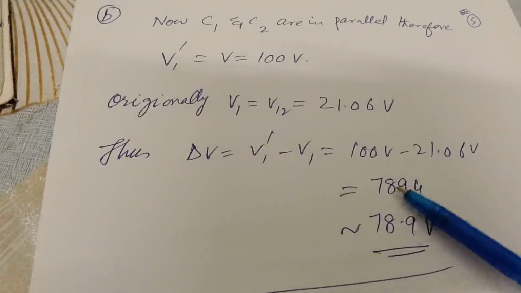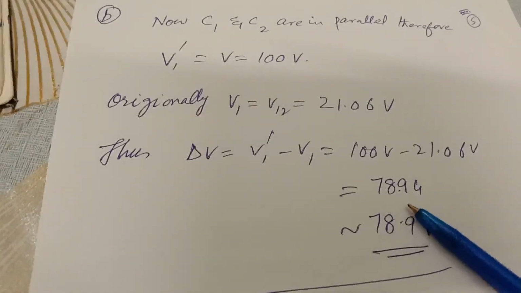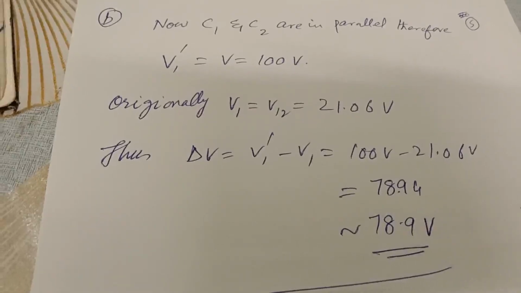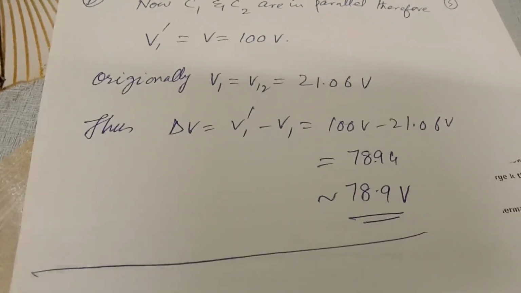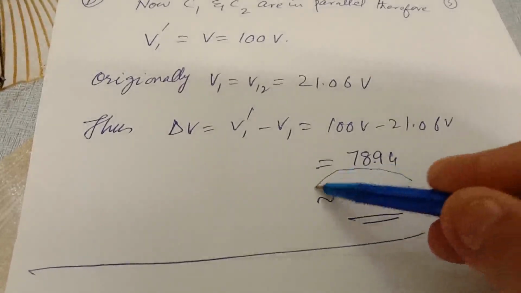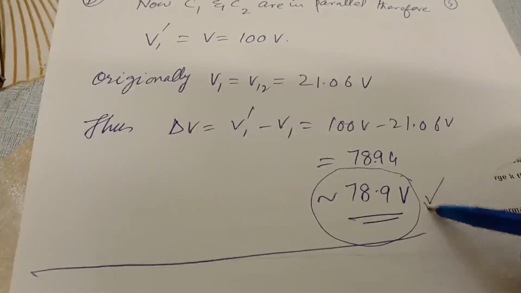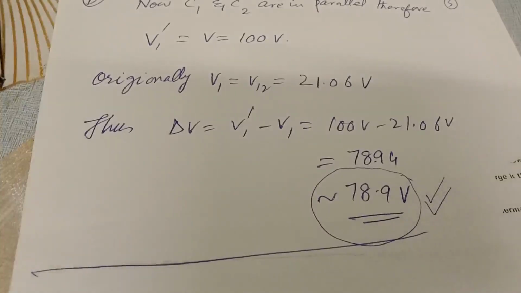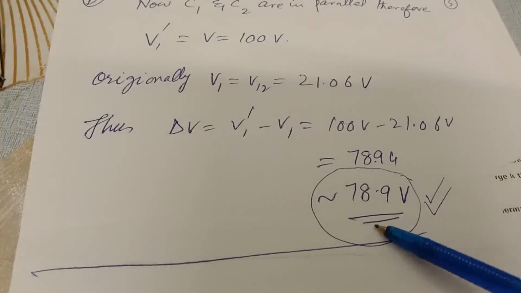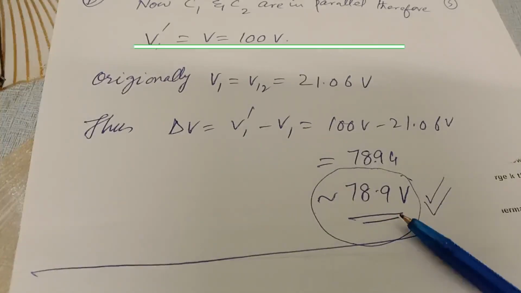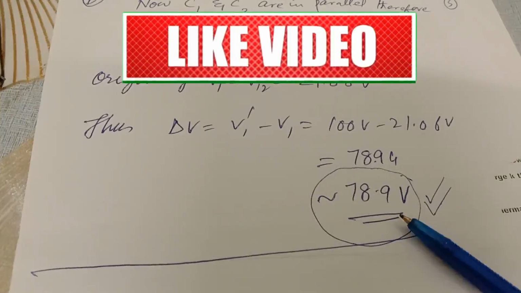We subtract it, and it comes out to be 78.94, or 78.9 volts. So the increase in the potential difference across the plates of C1 when C3 is removed and C1 and C2 are in parallel is 78.9 volts. So this completes our question number 11.